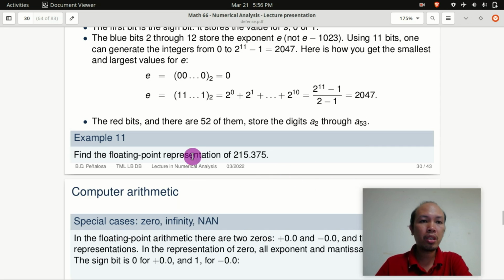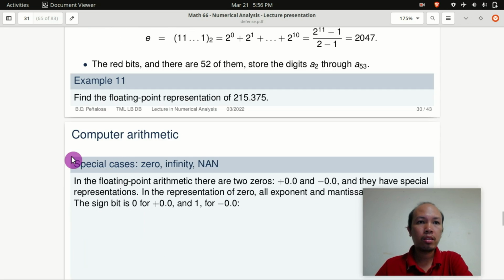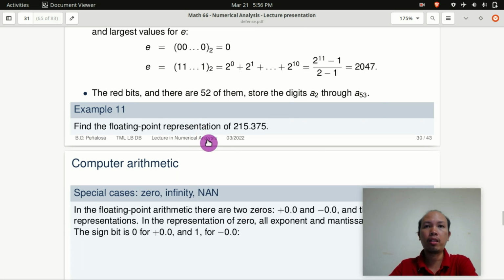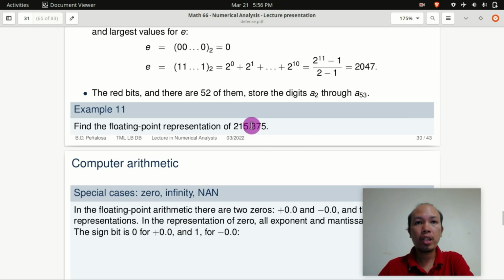Before this topic, special cases 0, infinity, and NaN, I forgot to use our Python to check if this number 215.375 has a result which is the same as our hand computation.